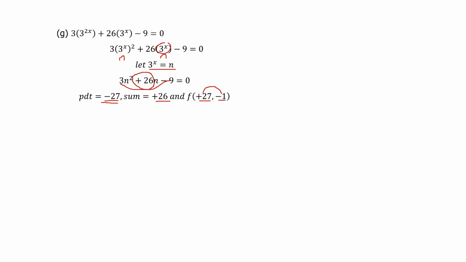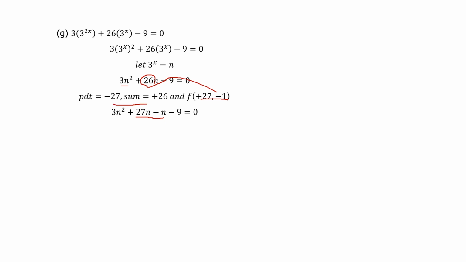When you add them, you have +26. So now I substitute my factors where my sum has been, which is these two values there, into the 3n squared, which was in the previous equation, then 27n minus n minus 9.